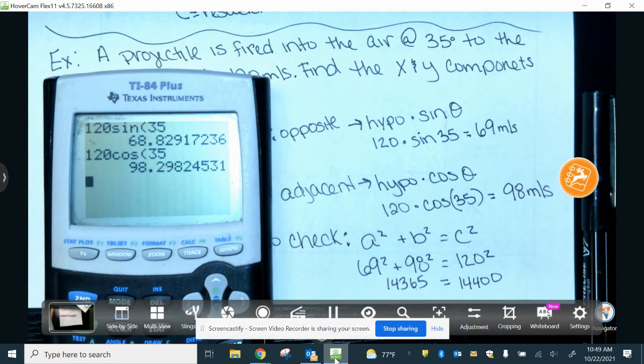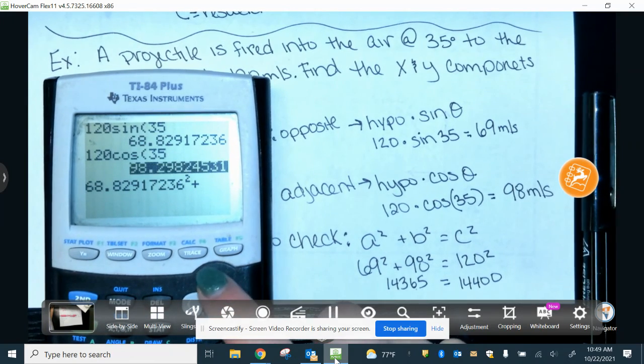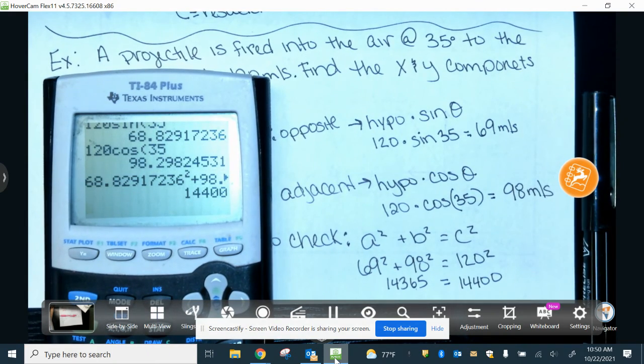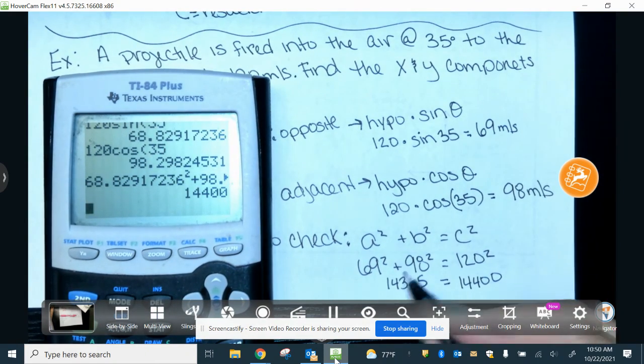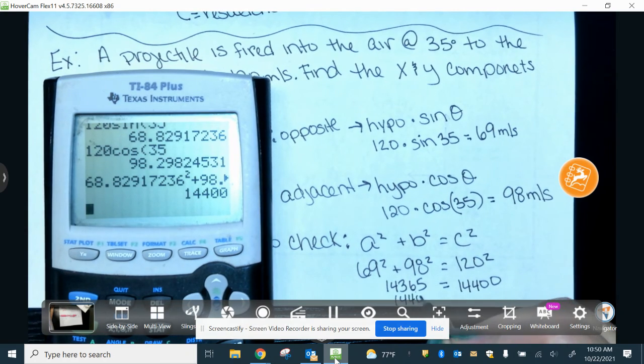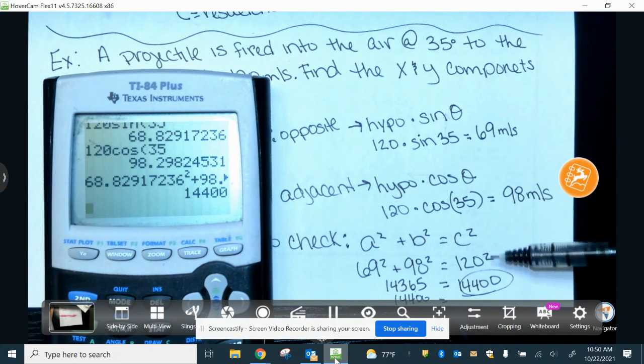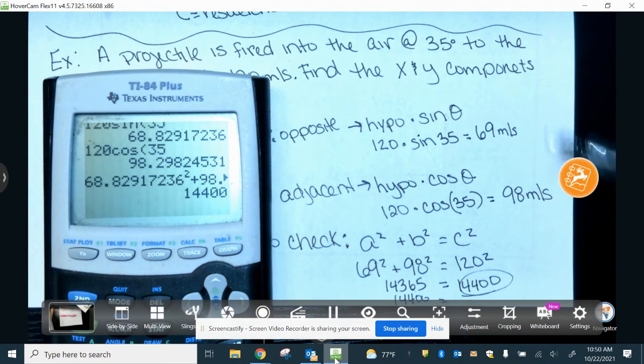If I actually took those actual numbers, I would get my 14400, which does equal the hypotenuse squared. So I'm right. The numbers are just slightly off because of my rounding.